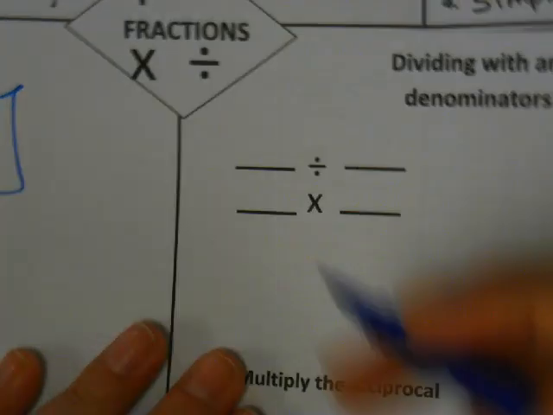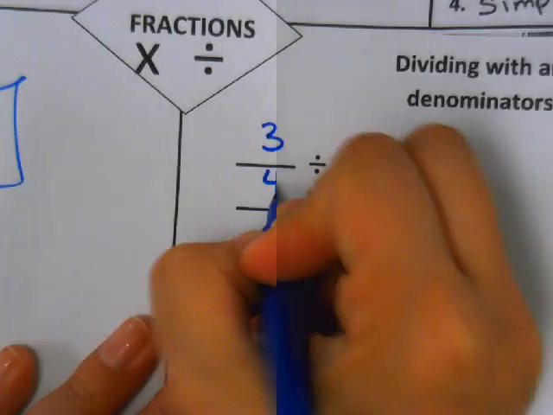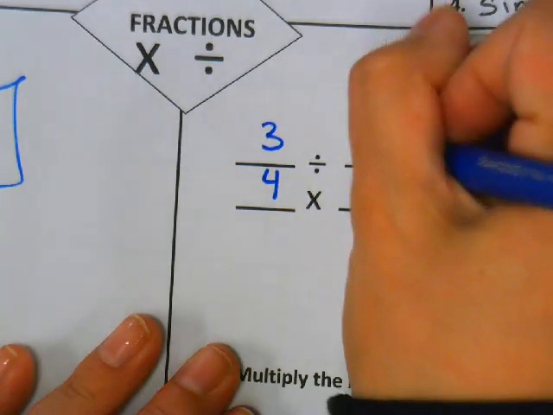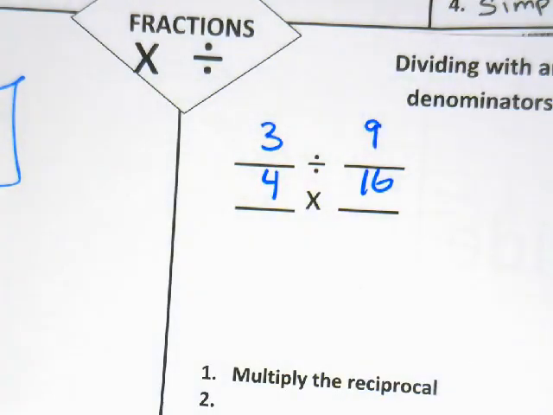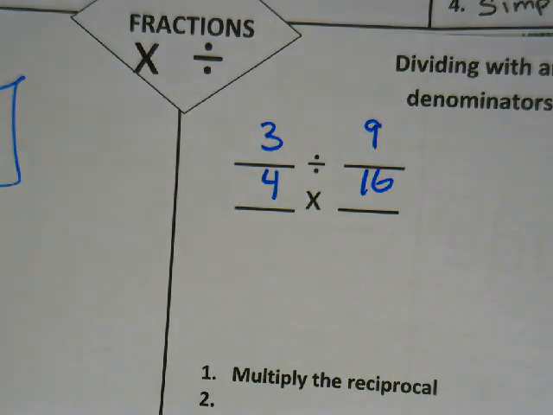3 over 4 divided by 9 over 16. 3 over 4 divided by 9 over 16. All right, so we're supposed to multiply, right? Yes, we have to. I have to write that down.